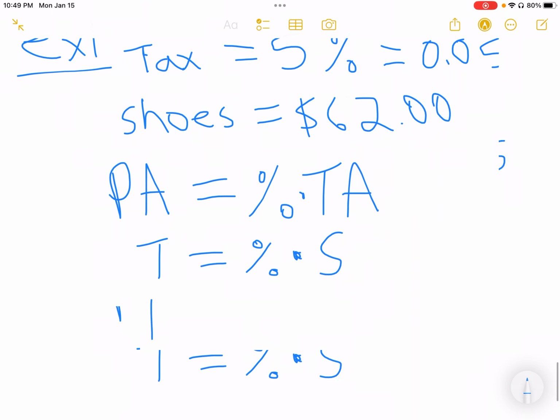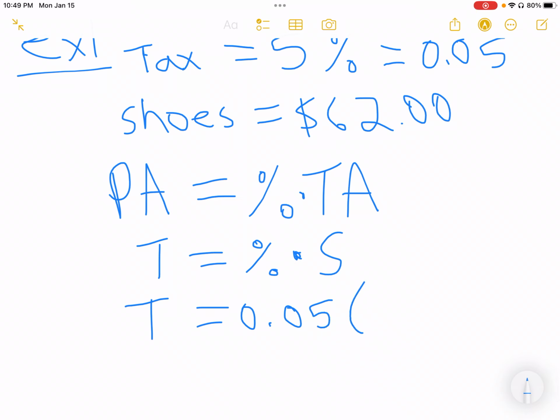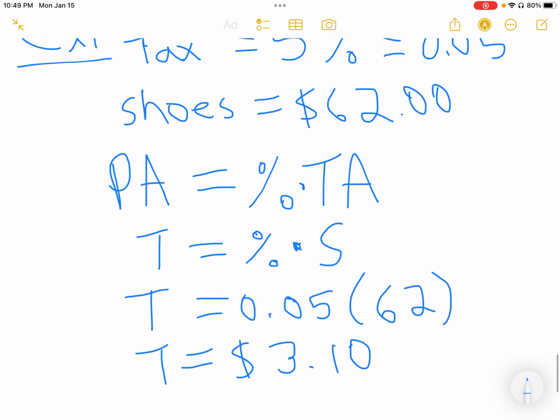So my T is 0.05 times my 62. If I multiply that out, tax is $3.10. So he spent $65.10 on his shoes, but they didn't ask that. They just said how much sales tax to pay.